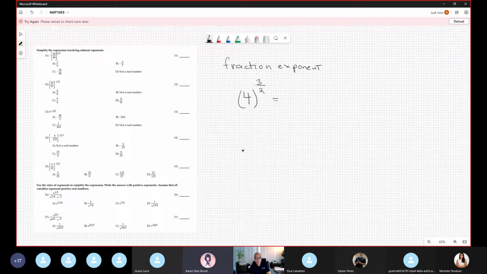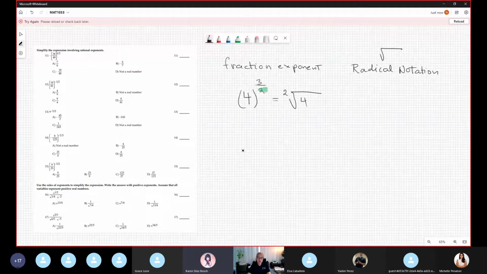If you want to see it more clearly, you convert to radical notation, using the root symbol. You put the number 4, but where are the 3 and 2 located? Well, the denominator, 2, represents the index of the root. So actually, this is a square root.